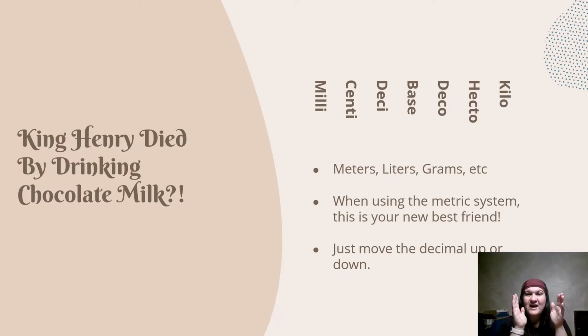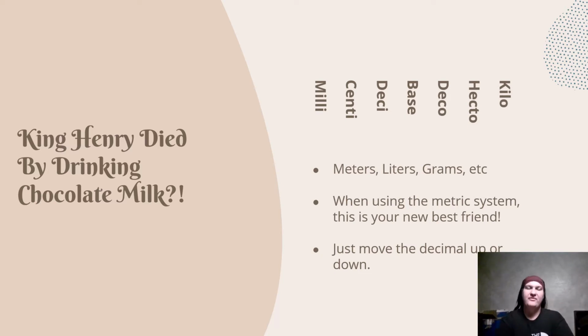Anyway, it doesn't matter if you're working with liters, grams, meters, anything. When you're using these kind of foundational things and you need to convert them, you just move the decimal. So if we're converting from kilograms to centigrams or milligrams or whatever, you just move the decimal down.